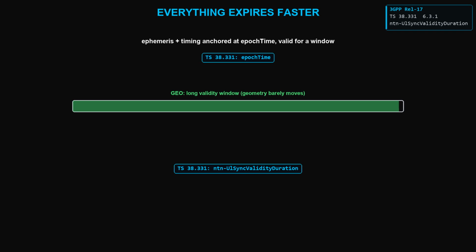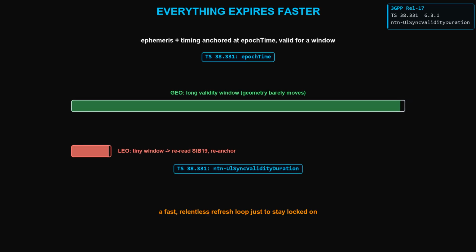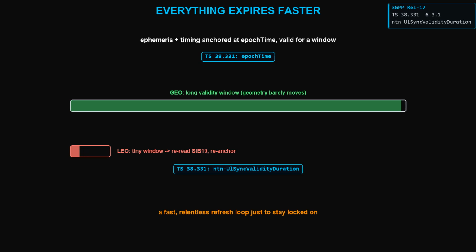In low Earth orbit, the same information goes stale in a flash, because the satellite's position and velocity are changing every second. So the phone rereads SIB19 and re-anchors its timing and frequency far more often. A fast, relentless refresh loop just to stay locked on. Same mechanism as Chapter 2, defined in TS 38.331, but now running on a much tighter clock.